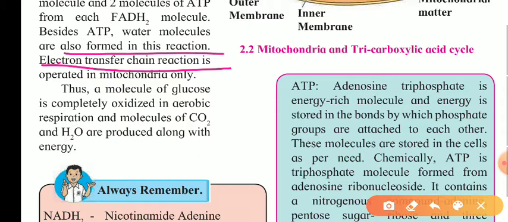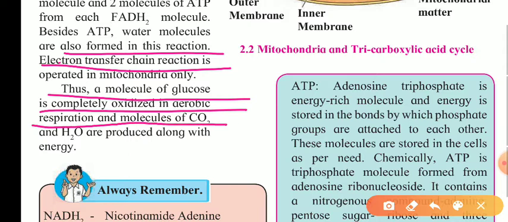When a molecule of glucose is completely oxidized in aerobic respiration, molecules of CO2 and H2O are produced along with energy.